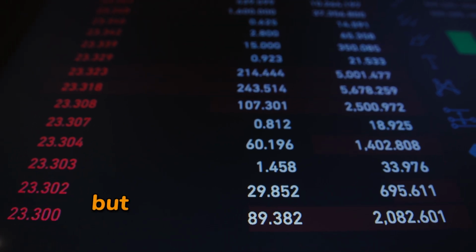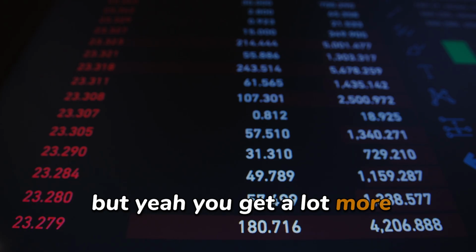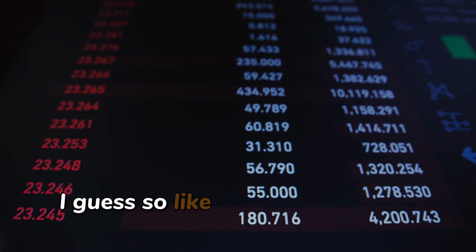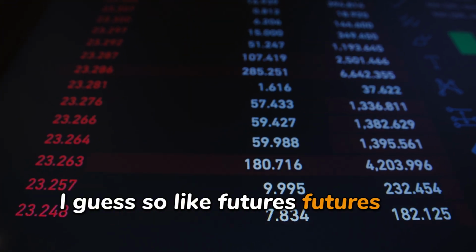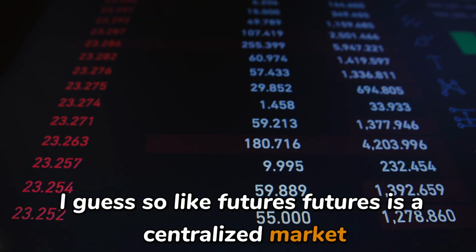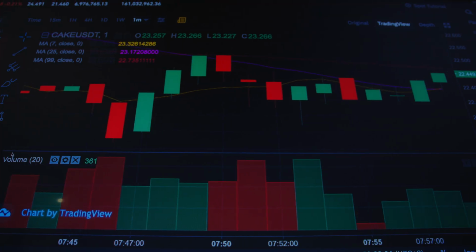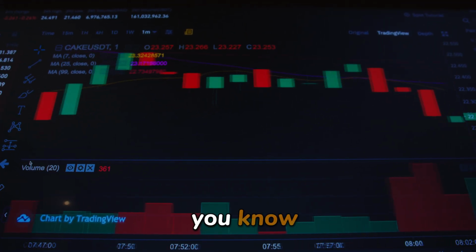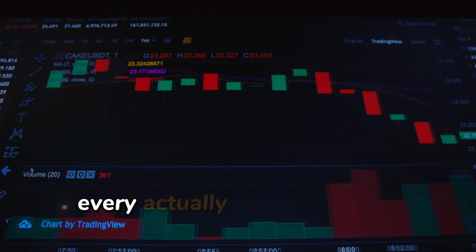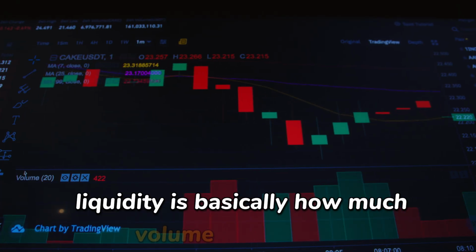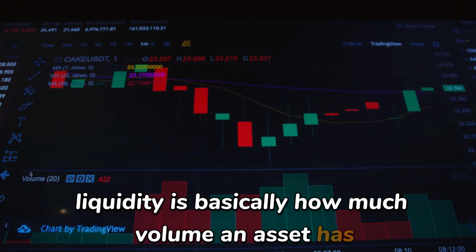But yeah, you get a lot more volatility in centralized markets, I guess. So like futures is a centralized market. Everything happens in one place. Also liquidity. Actually, I'll explain what liquidity is. Liquidity is basically how much volume an asset has.